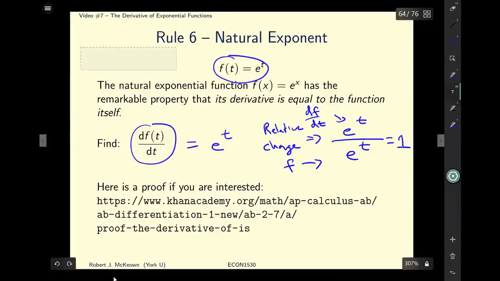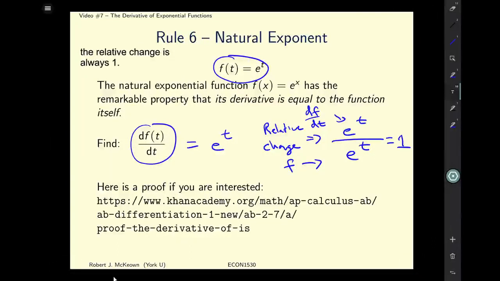And so this is like saying the relative change is always 1. And that's actually what the natural exponent is supposed to do.